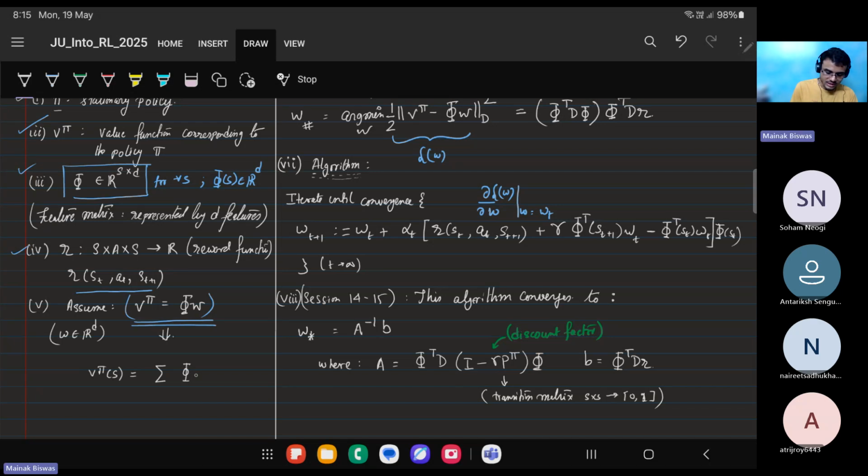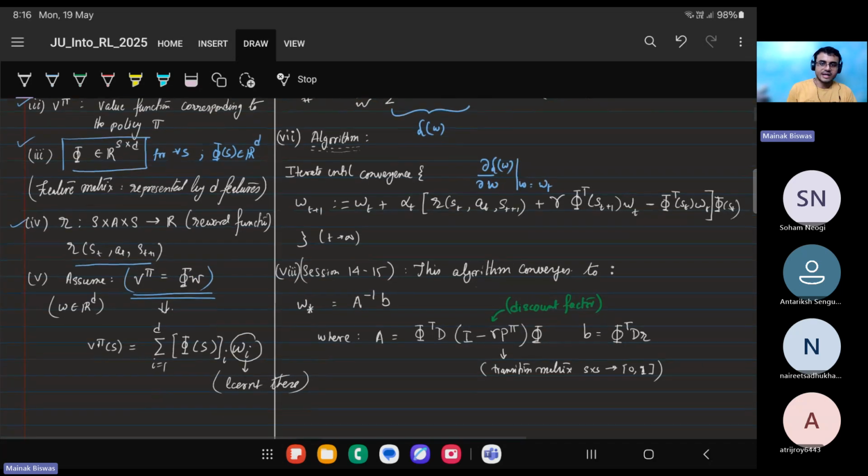So V pi of S is, for all the features from 1 to D, a combination of the features. This is what we said our value function would be, and we learned these weights. Yes or no? Any questions? So for every state, we ended up learning this.